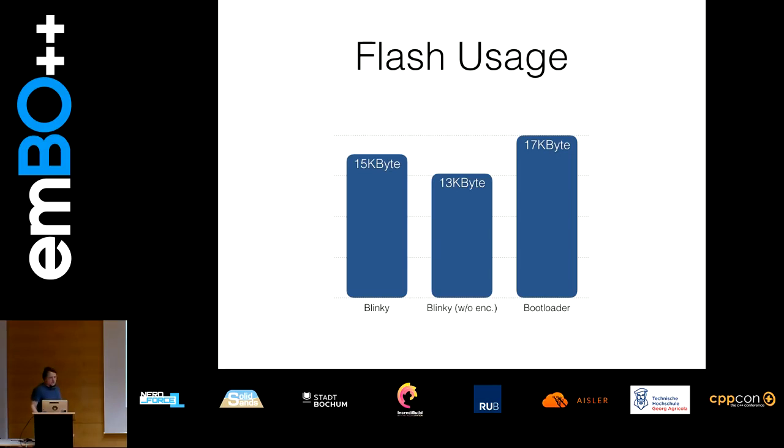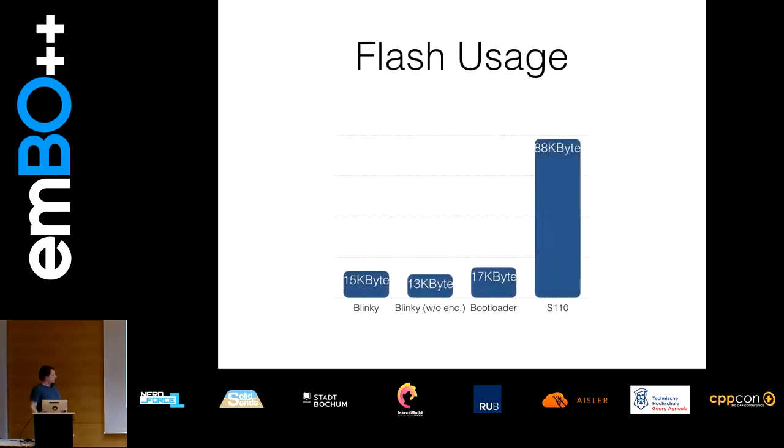For comparison, this 88K is a BLE stack from the vendor of the chip I'm using, the nRF52 or 51. So that is the lower limit for any application if you use their SDK.